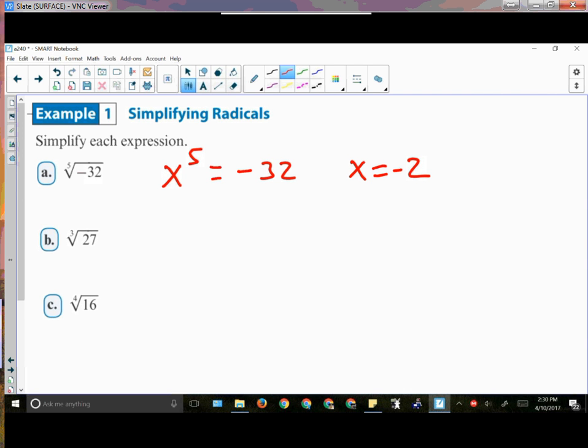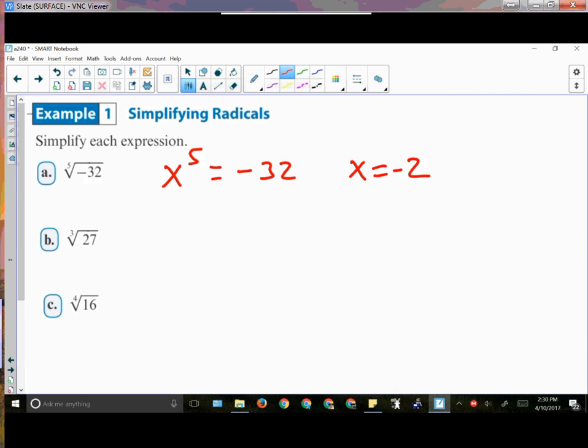So if I look at b, what's the third root of 27? In other words, what 3 numbers multiplied together equal 27 that are exactly the same? Well, 2 isn't going to work, is it?